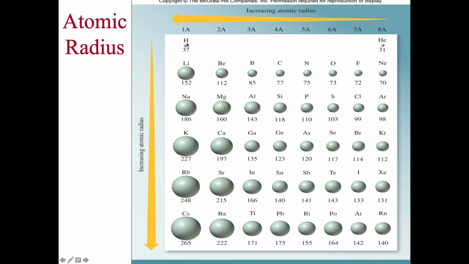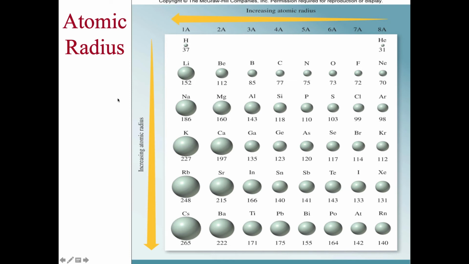And finally, as you go down a group on the periodic table, you can see that the atom is becoming larger. And you know that because every time you go down a group, that is down a period, you're adding a shell, right? So here is n equals 1, n equals 2, n equals 3, n equals 4, n equals 5, etc. And as you do that, according to the Bohr model, you're adding a shell every time.